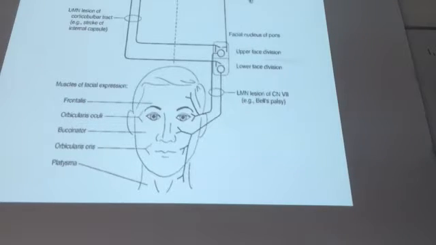Isn't that sensory though? No, this is motor. We're talking about facial nerve palsies, and the facial nerve is mainly a motor nerve. It has sensory parts, but when they test you on facial nerve palsies, it's motor.